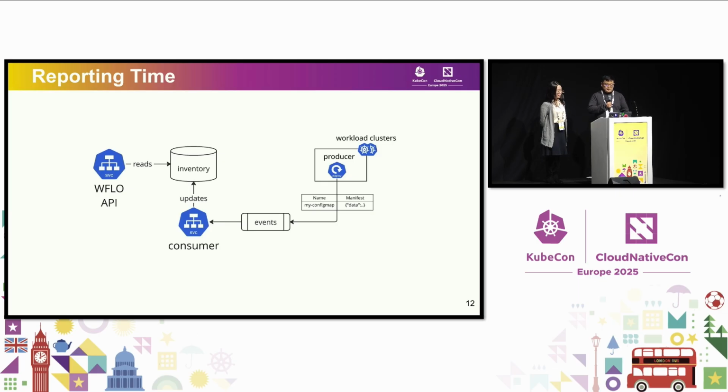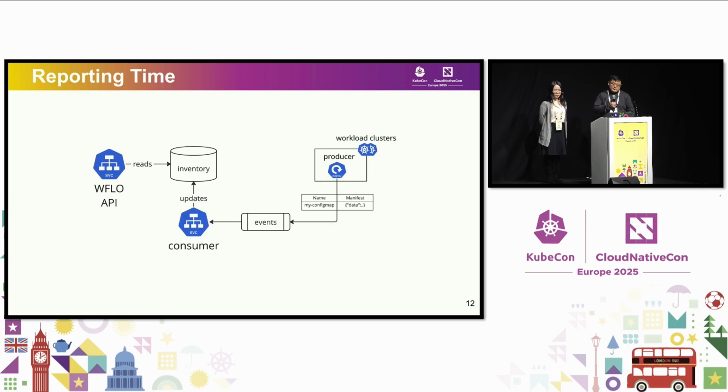To achieve that, in our workload clusters, we build and deploy a message producer that watches the update, create, and delete events for certain types of Kubernetes resources and publishes that resource information into a message stream. And on the other hand, we have a consumer service that updates the data storage, what we call inventory in this case, based on those types of events.